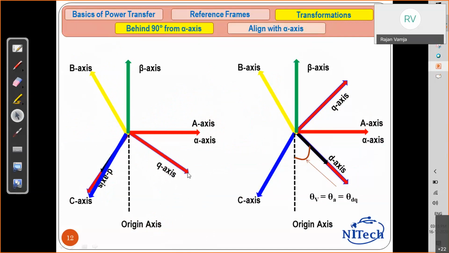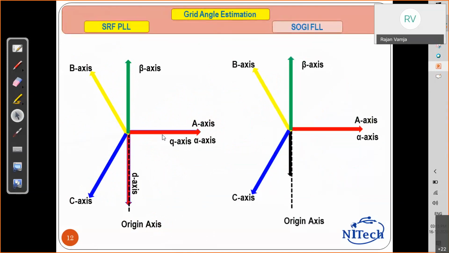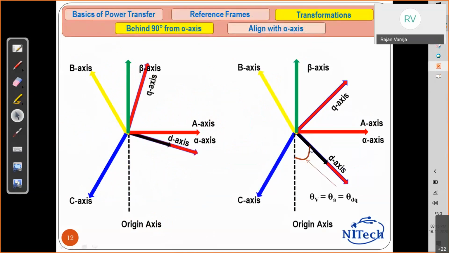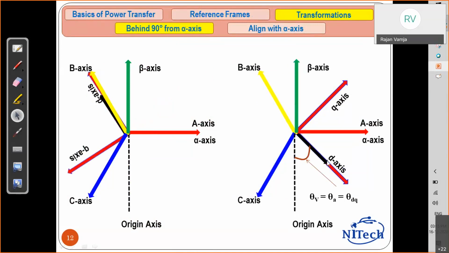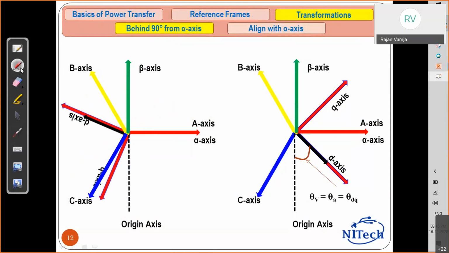So VQ value will be 0. Whatever is equal to VM, that will be the VM, whatever VA, VB, VC, and your VQ value will be 0.